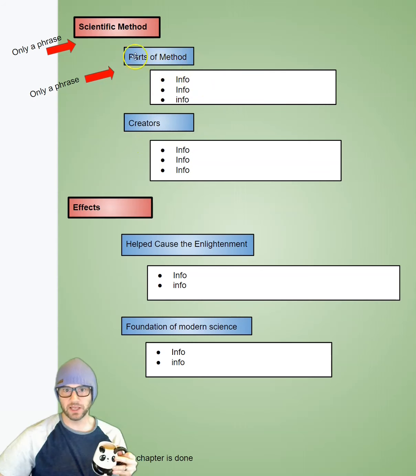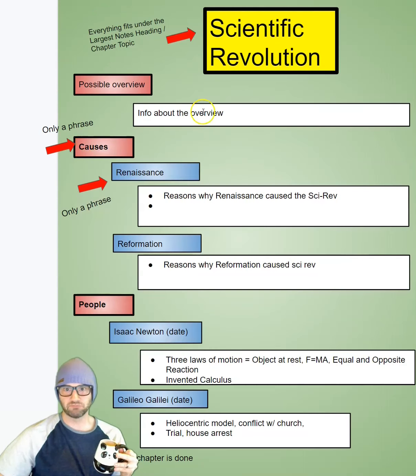Oftentimes, let's say your notes heading is the scientific revolution. I try to have 2 or 3 of these big things, causes, people, something like that. And then, you be the judge. If there's 3 causes, you're going to do 1, 2, 3 and take notes on each cause. If there's 3 people, you'll do 1, 2, 3 and take notes on the 3 people.